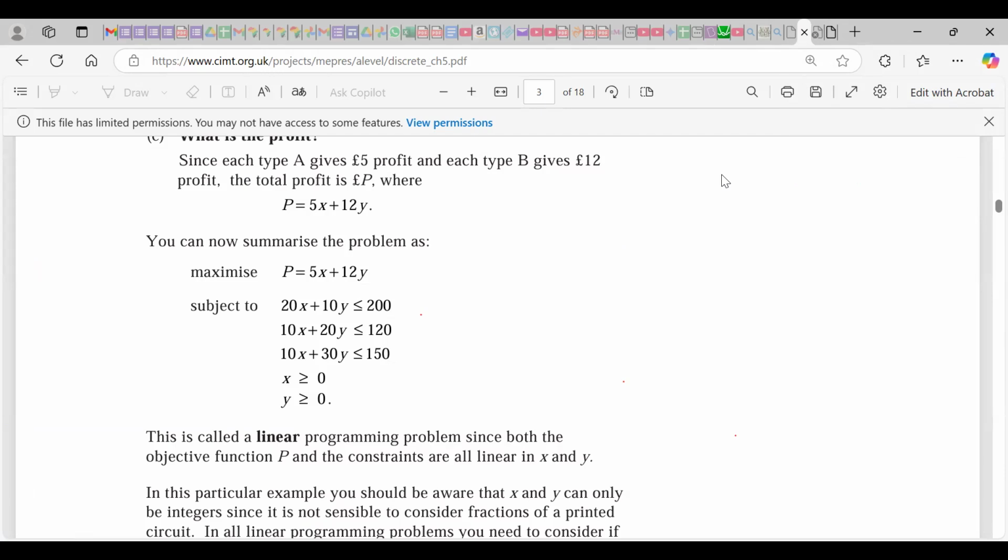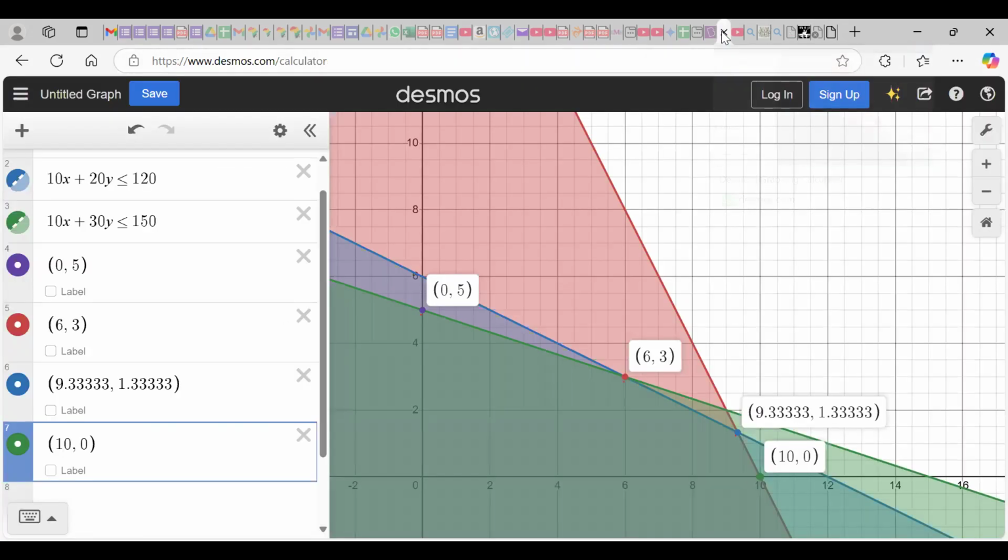P equals 5x plus 12y. You need to try these values in our P equals 5x plus 12y.